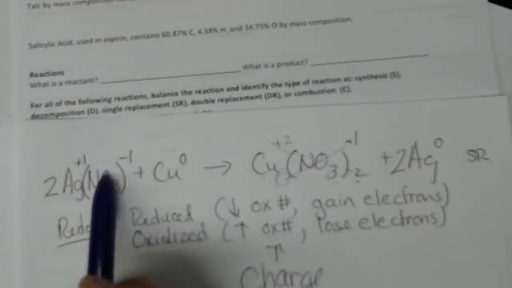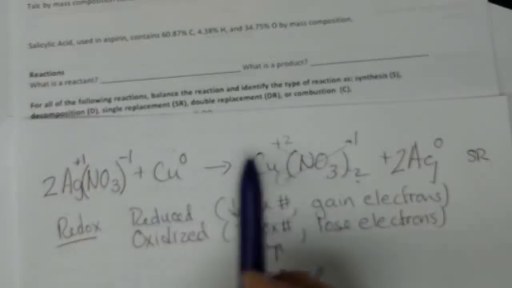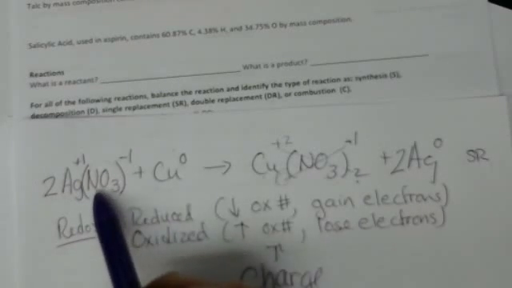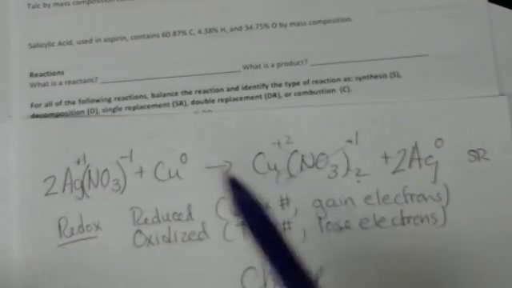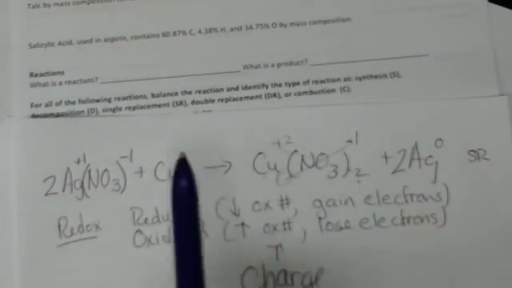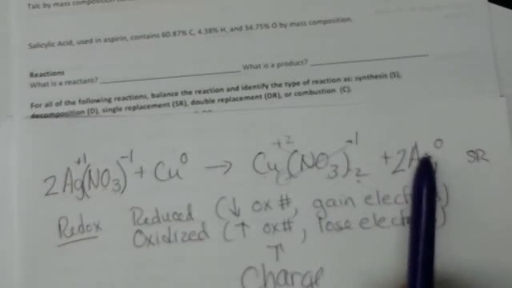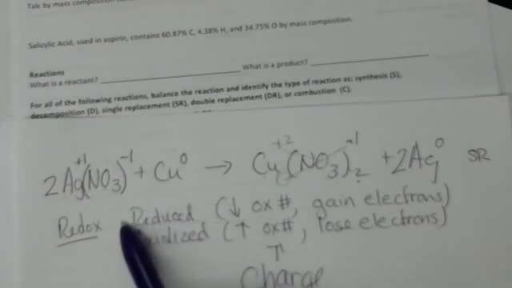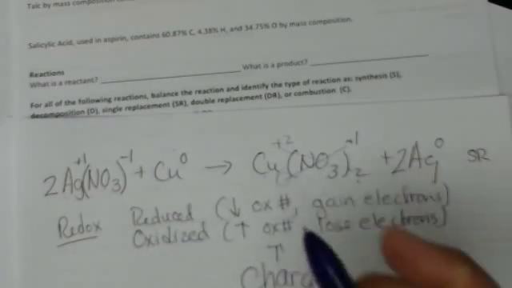We haven't broken this down, and I'm going to show you how to do that in a second. Because the nitrate stayed the same on both sides, we know that neither nitrogen nor oxygen was reduced or oxidized. The whole thing stayed the same. So silver started as +1 and ended at 0. It reduced, went from +1 to 0.